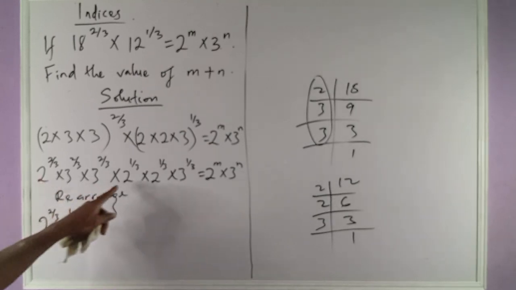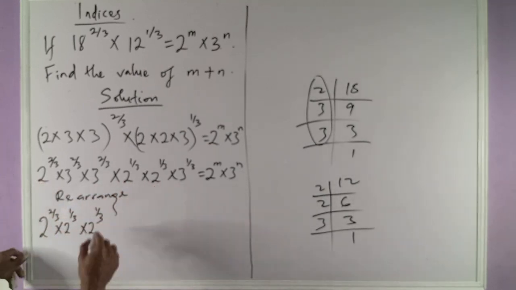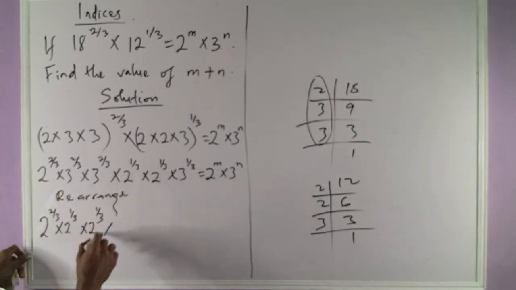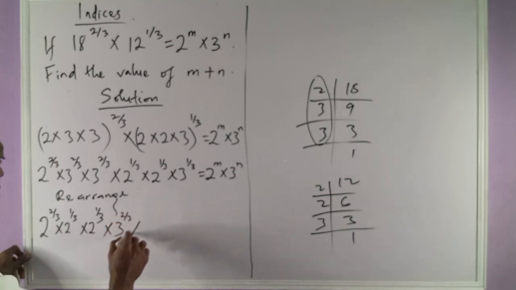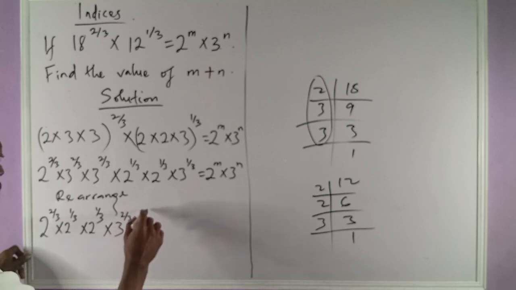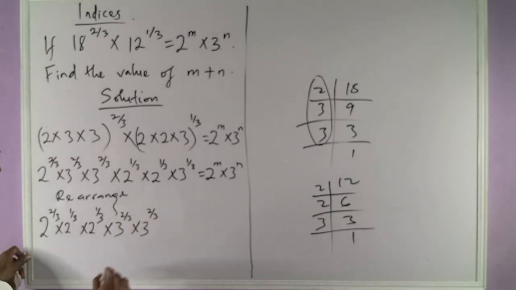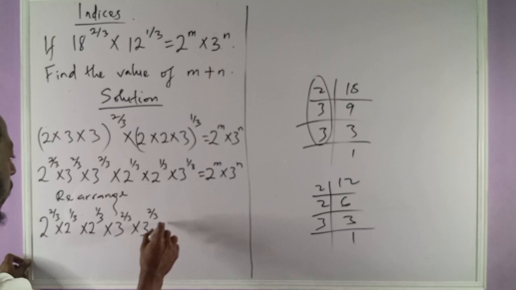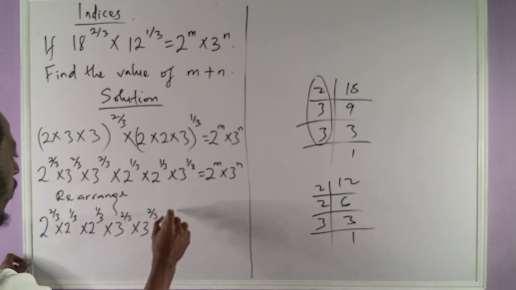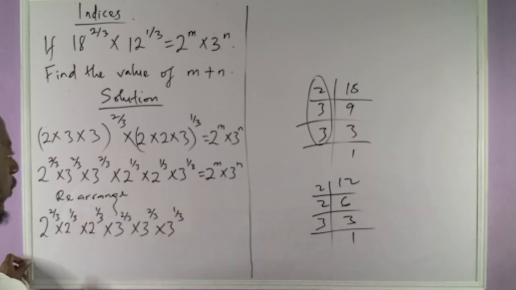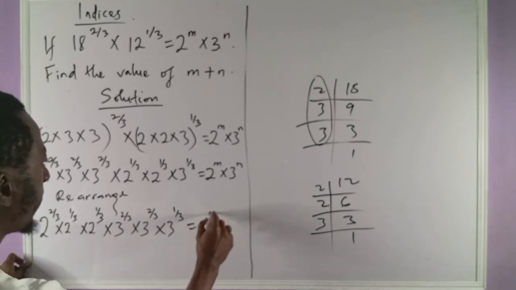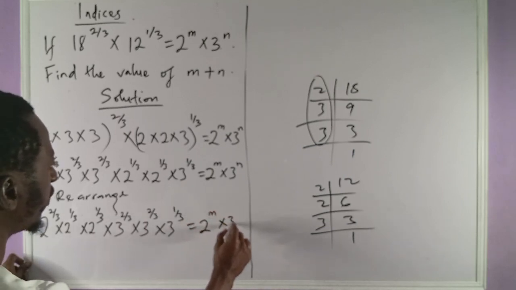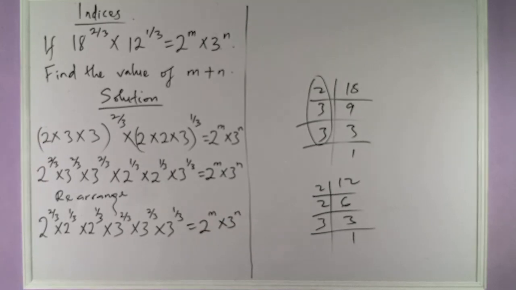Then we have 3 left: 3 raised to power 2 over 3 multiplied by 3 raised to power 2 over 3 multiplied by 3 raised to power 1 over 3. Then everything is equal to 2 raised to power m multiplied by 3 raised to power n.